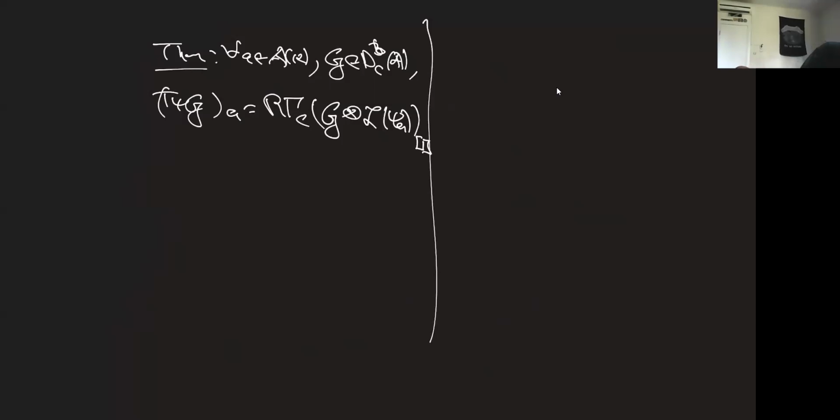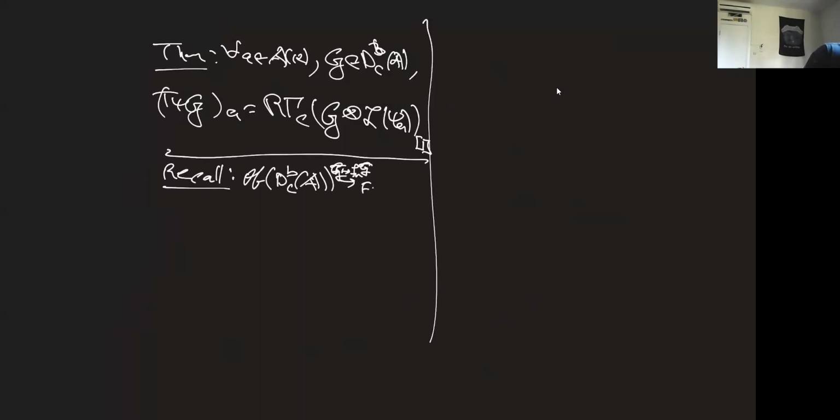So maybe let me remind you of some things and put some notation. We have a function from the objects of D^b_c(A1) into, I denote this by G goes to f_n of G, to functions from A1(K_n) to Q_l bar star.